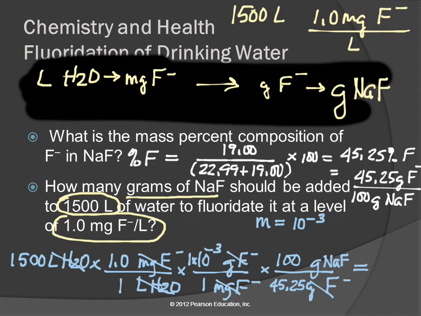The numbers that they gave me had 2 sig figs. So this is 3.3 grams of sodium fluoride. Is how much sodium fluoride that would be added to 1,500 liters of water to get the appropriate amount of fluoride in it. Any questions?